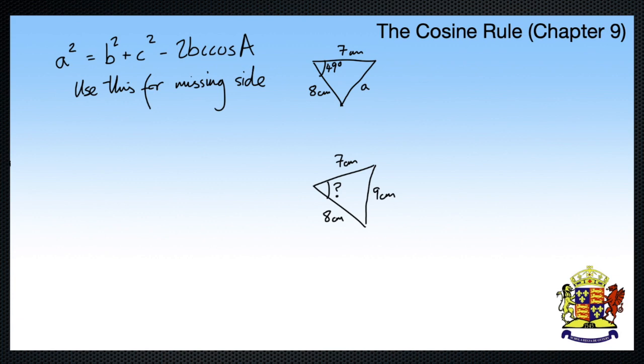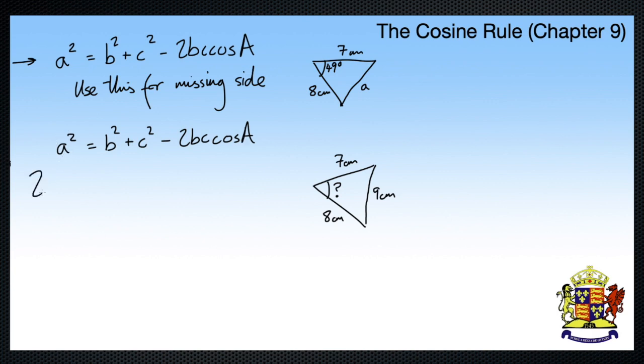Now what I could do is use this formula here, put all the stuff in and rearrange it, or I could be a bit cleverer and rearrange it first so that my answer gets spat out straight away. So to rearrange this, we start with it in this form. I'm going to add 2bc cos a, and at the same time subtract a squared.